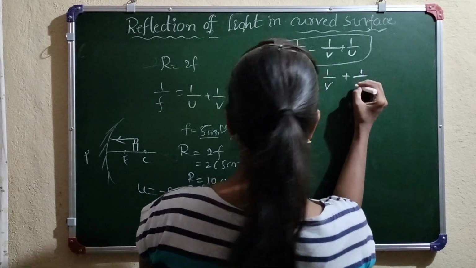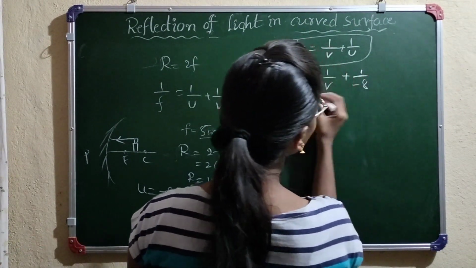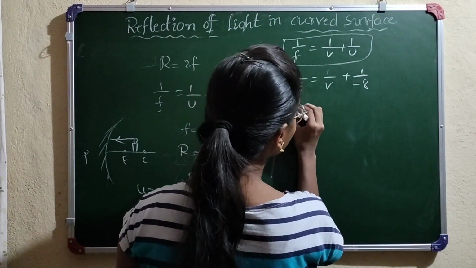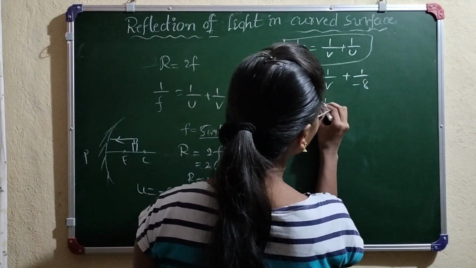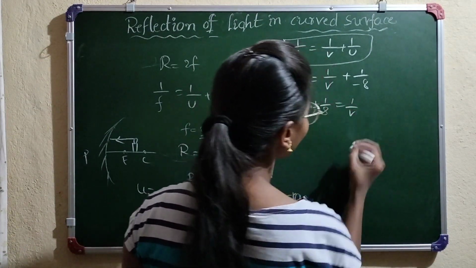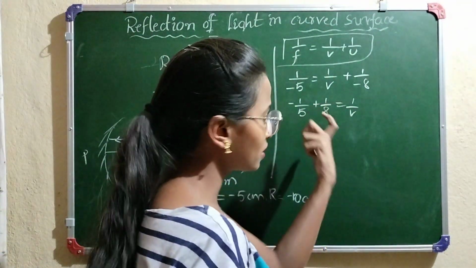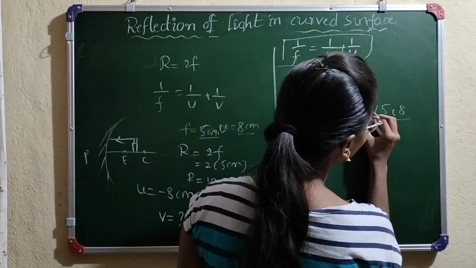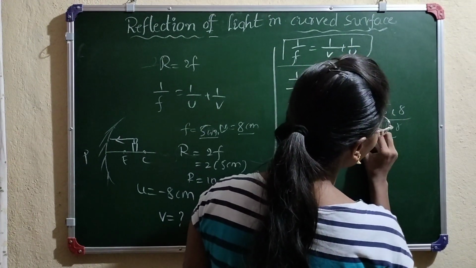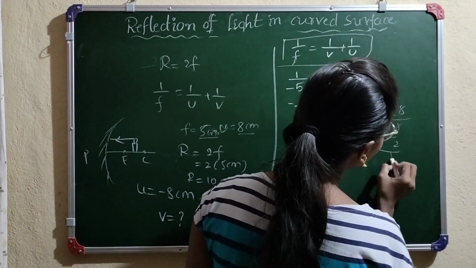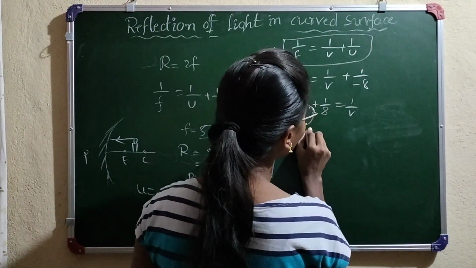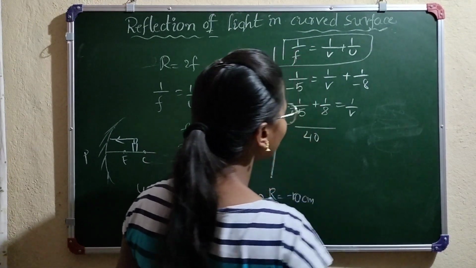And what is the u value? Minus 8. So I am taking this minus 8 to this side because we know 1 by f. So minus 1 by 5 plus 1 by 8 is equal to 1 by v. Taking the LCM of 5 and 8, it will be 40. 5 8s are 40 and 8 5s are 40.